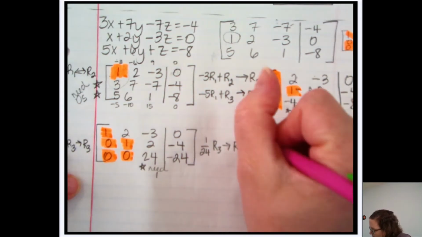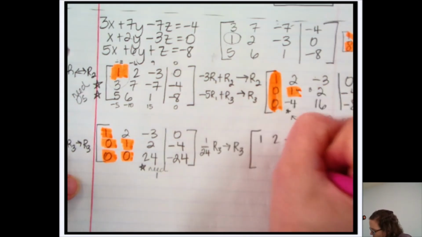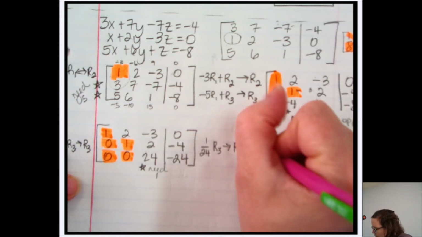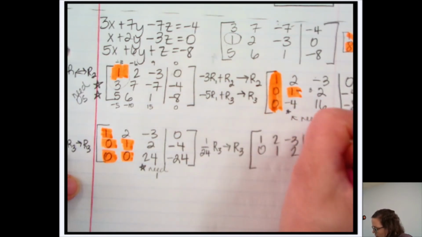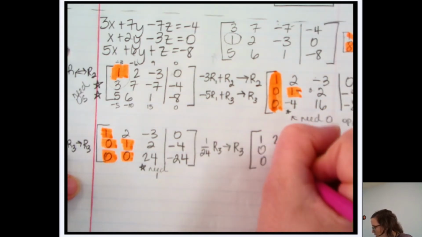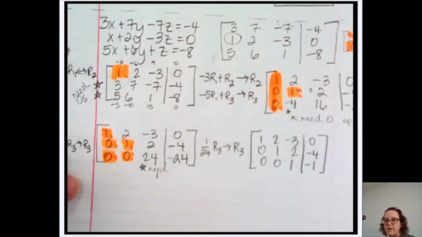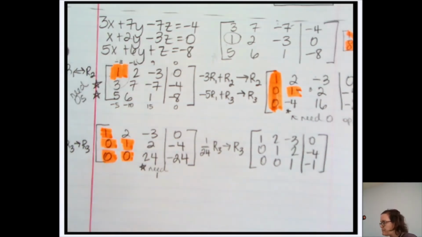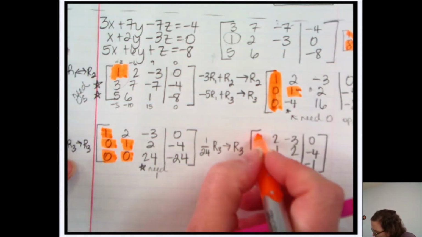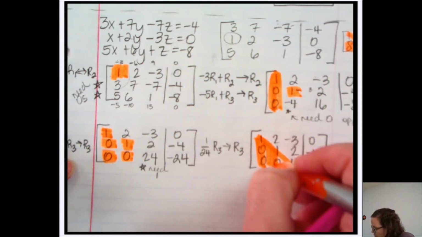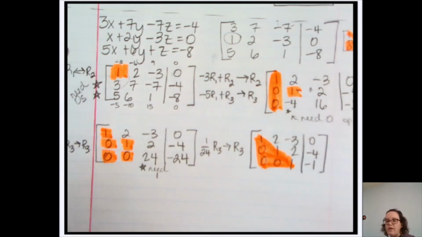Okay, so 1, 2, negative 3, 0. 0, 1, 2, negative 4, and then 0, 0, 1, negative 1. So this is my reduced echelon form, because I have the 1s in the main diagonal and the 0s down here.